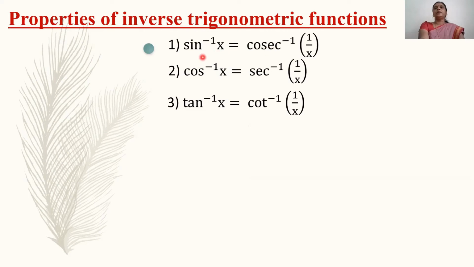If here is sin, then cosec will come with sin, sec comes with cos, and cot comes with tan. If here is x, then here will be 1 upon x. This is the first property of inverse trigonometric functions. Remember this first and write down the others similarly, in all the properties, like that.